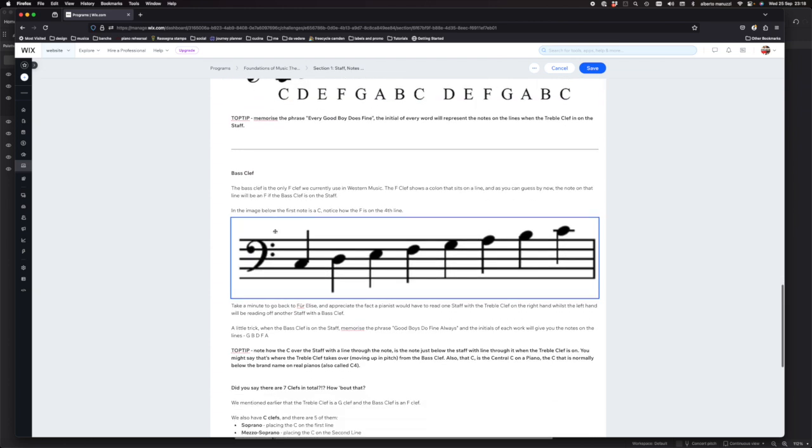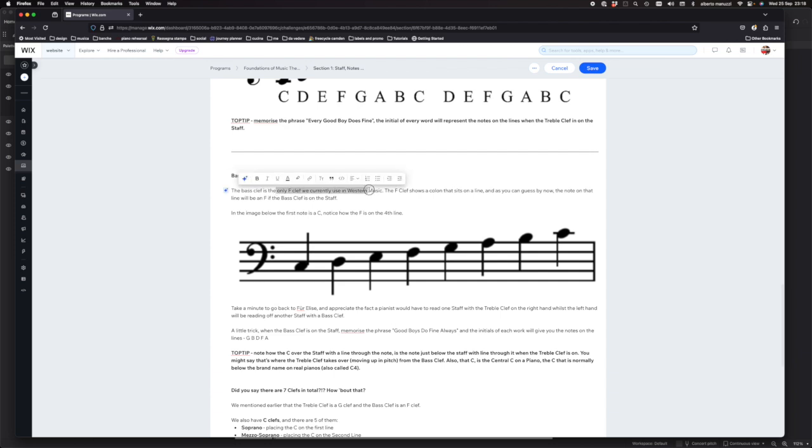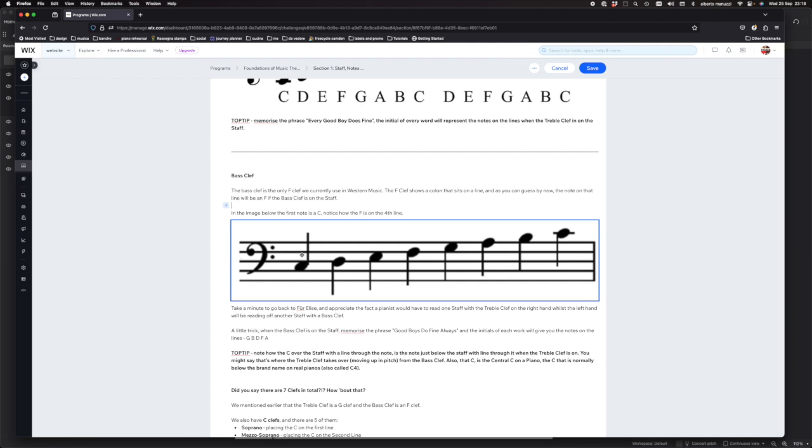All right, now the bass clef is an F clef. So remember that colon; the line it starts on will be an F line. So this here is an F, and we build the rest based on that.